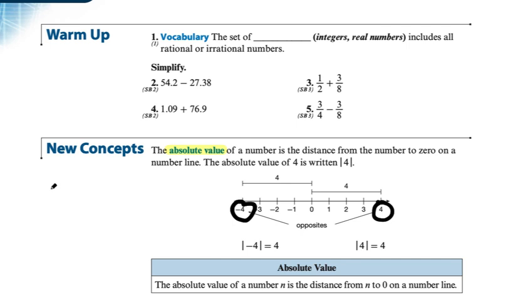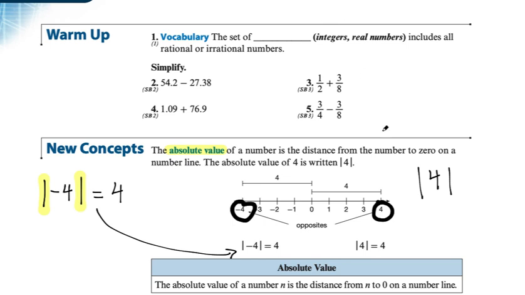If I have -4, and these symbols are called the absolute value symbols, these straight lines on either side of -4, and I want to consider its absolute value, what I'm really saying is how far is it away from zero, and that's 4 as indicated here. Same thing with +4. If I put it in the absolute value symbol, the absolute value of 4 is 4 because the distance from 0 is 4.